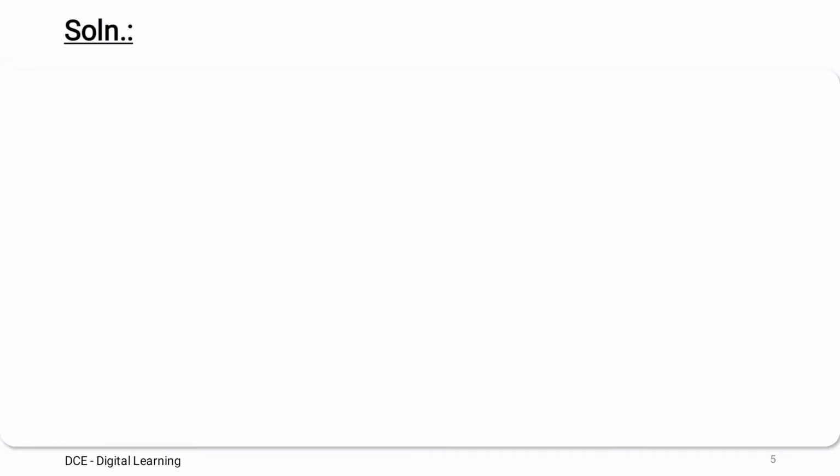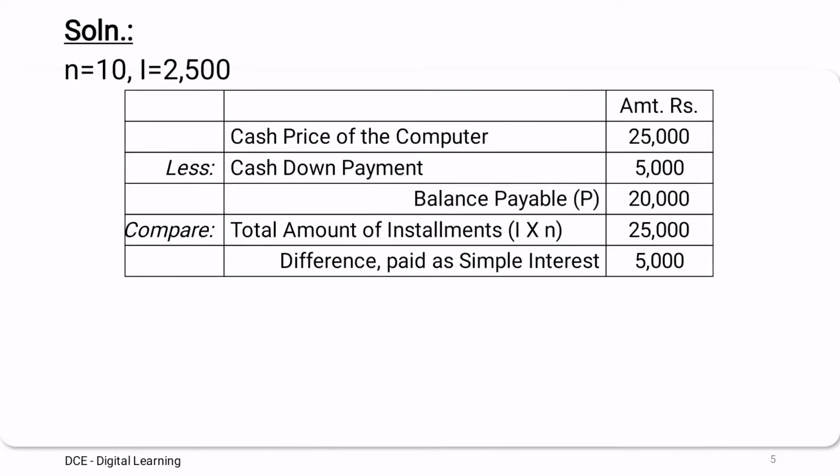Here the cash price of the computer is rupees 25,000, but instead of making the full payment, Mr. Sachin intends to purchase on installment basis, and he agrees to pay a down payment of rupees 5,000 on the date of purchase and the balance in 10 monthly installments of rupees 2,500.